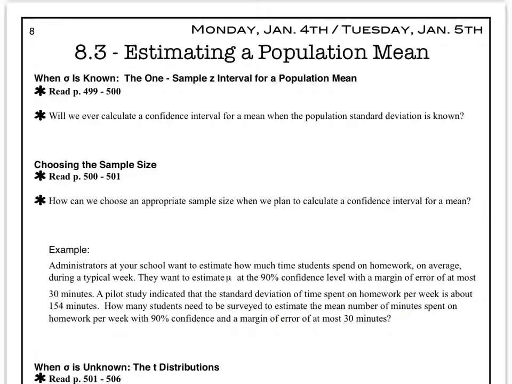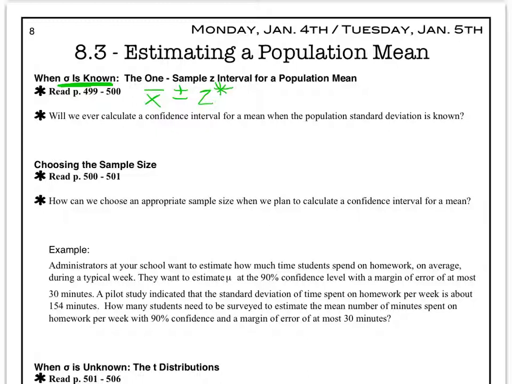And there are actually two different situations you have when talking about a population mean. One is when you know the population standard deviation, and the other is when you don't. The reason that this is a big deal is if we think about our formula, the statistic, which would be x bar, plus or minus the critical value times the standard deviation of the statistic.